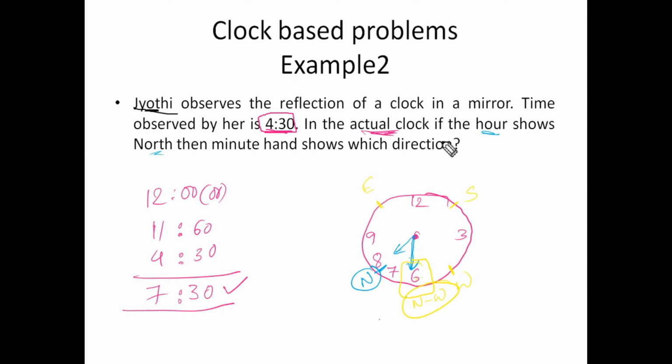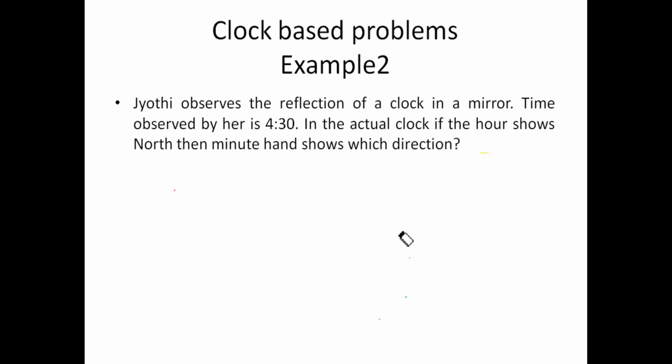So in which direction is the minute hand showing? The minute hand shows northwest. So the answer is northwest. So for this purpose only, I am repeatedly telling. Try to learn that right-left concept clearly. Next, let's see one more example.